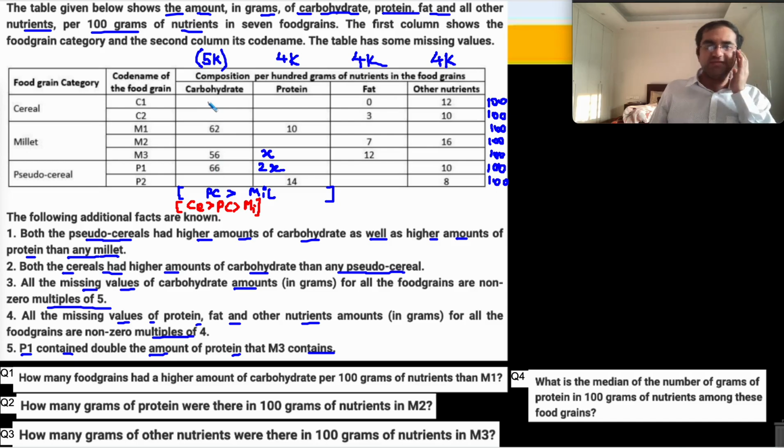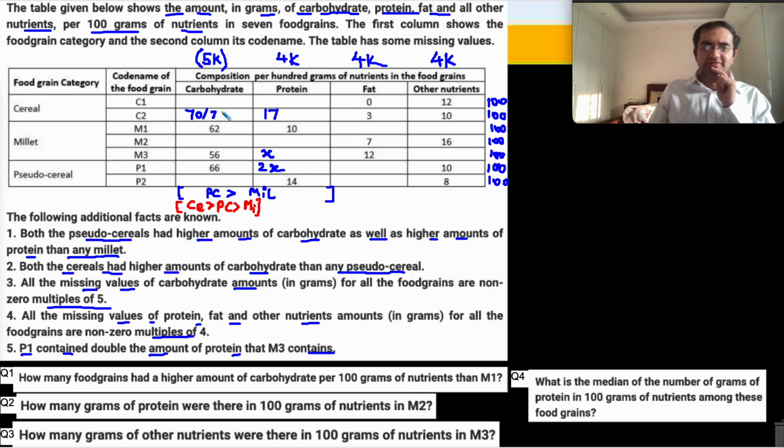So let's say we tried 70 over here, and what we already have is 70 plus 13, 83, meaning 17 will come here. 17 is not a multiple of 4, so 70 will not work over here.